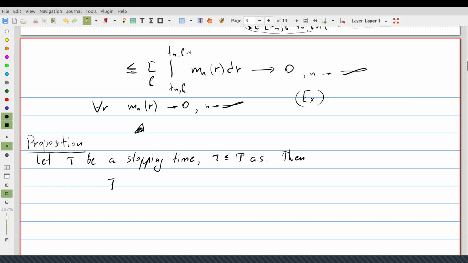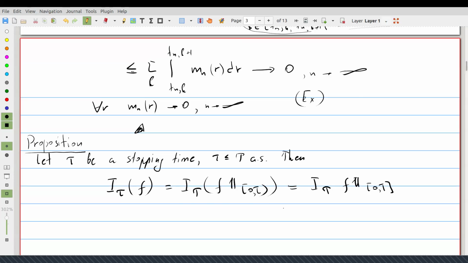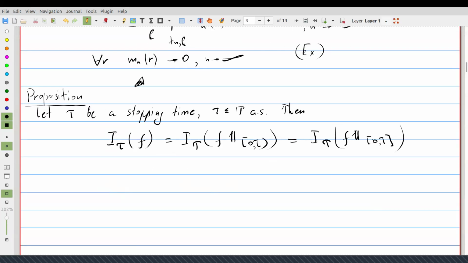Then if we substitute tau into the expression for the stochastic integral, it is the same as integrating this object on the whole time interval, or effectively the same as integrating this object with the square bracket here.